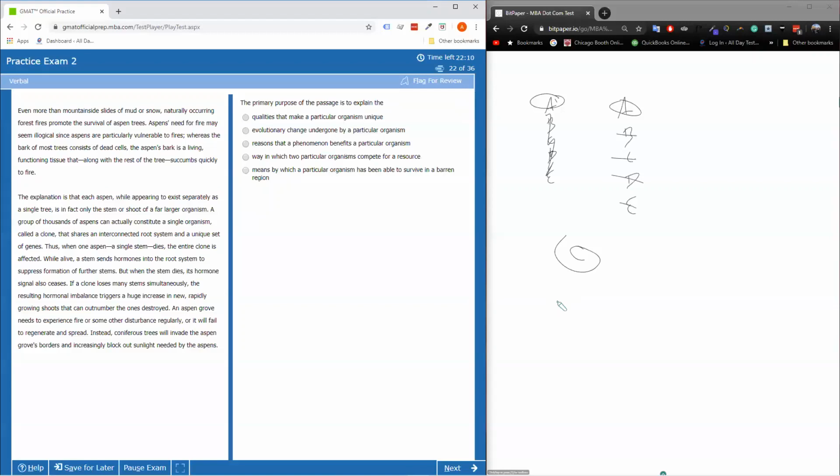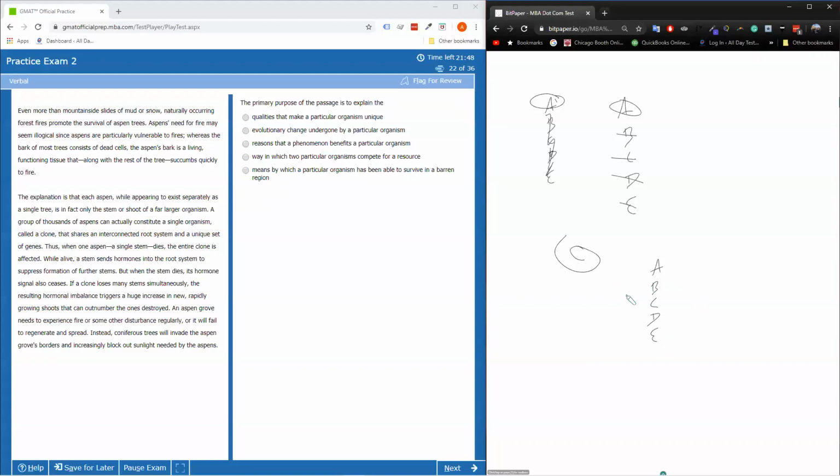Instead, coniferous trees will invade the aspen grove's borders and increasingly block out sunlight needed by the aspens. So they need to experience that hormonal imbalance to regenerate.